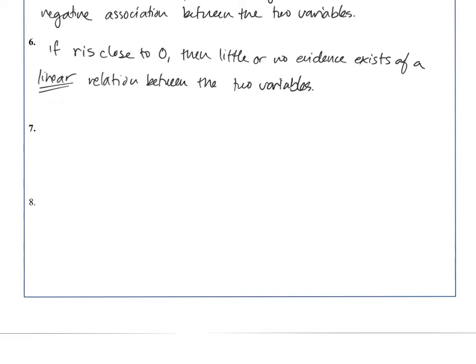So note, we're saying there's no linear relation. We're not saying that there does not exist a relation, because there are other types of relations.